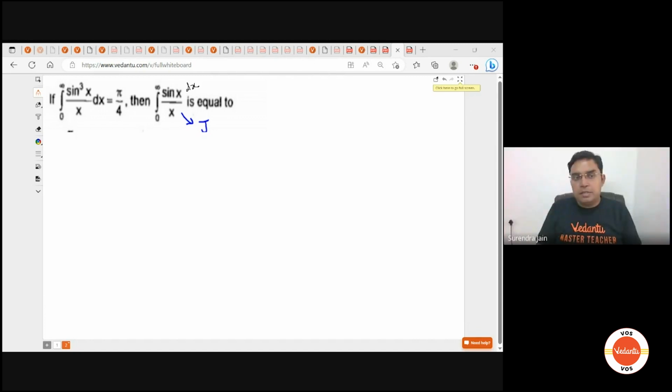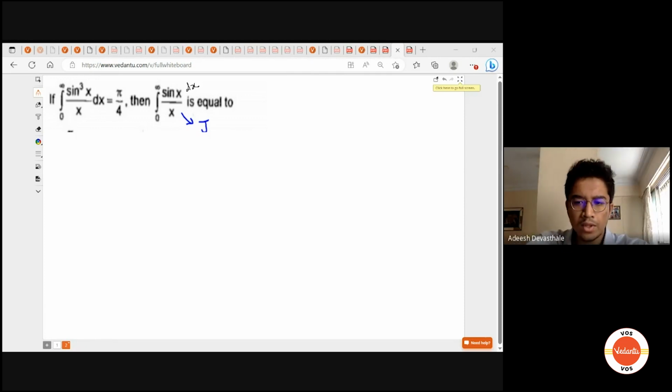See, maybe both these integrations cannot be done with the normal ways that we do in our +2 standard. So that is why they have given the integral from 0 to infinity of sine cube x upon x dx equal to pi by 4. So if you are saying that you can assume that it can be integrable with normal methods, I doubt that. Okay.